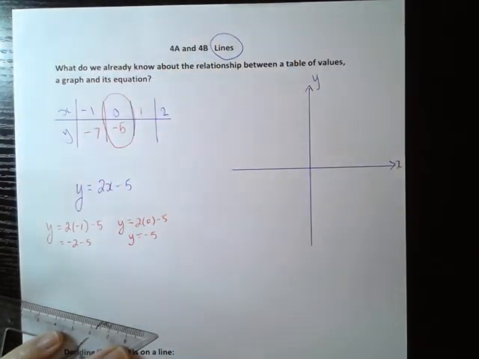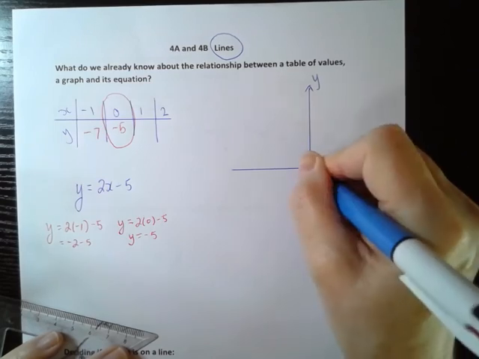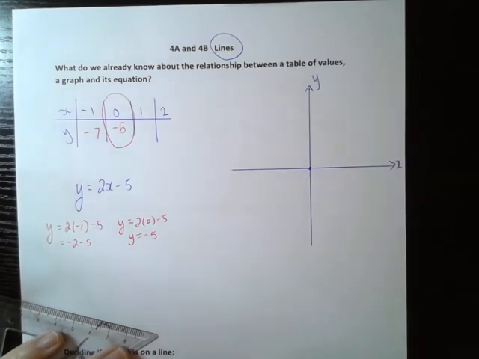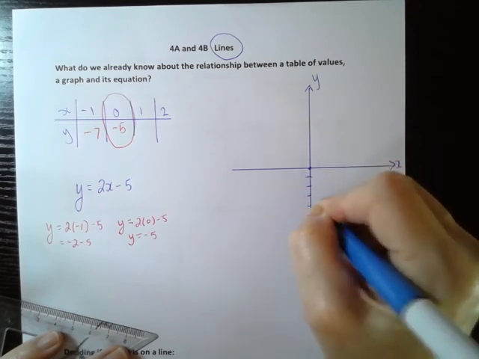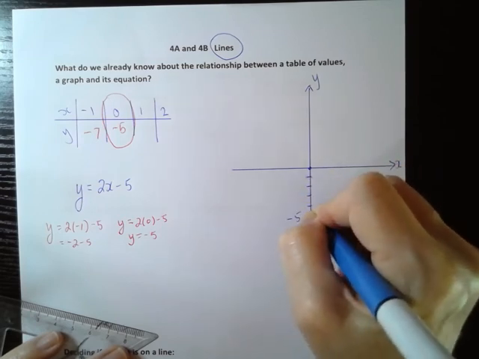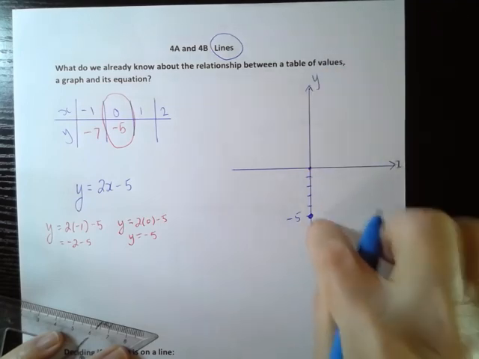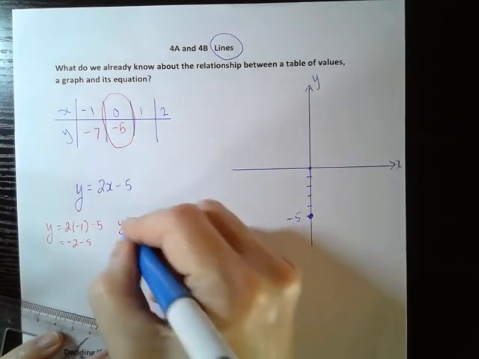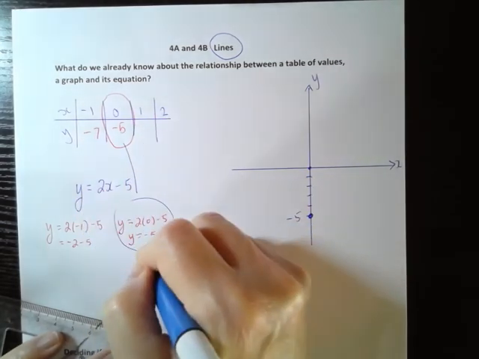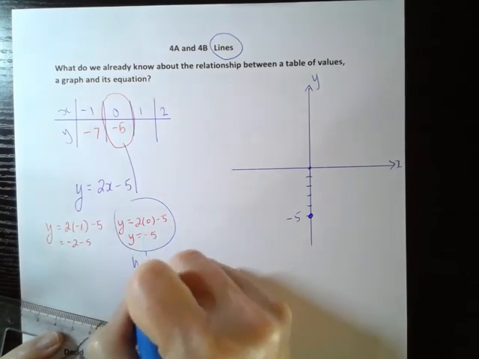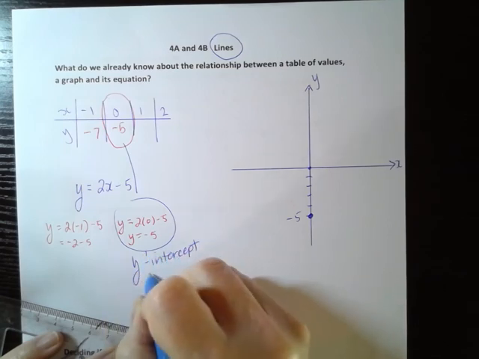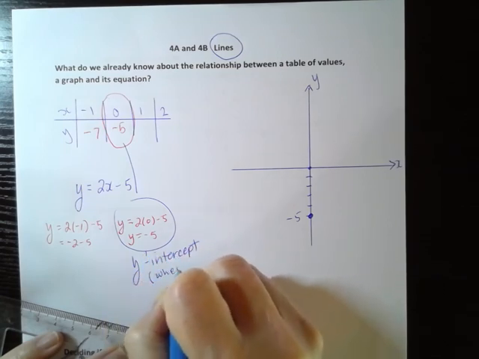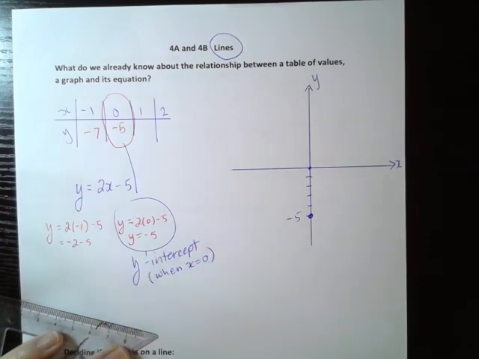When I have x equal to 0, remember this is 0, 0, the origin, so when x is 0 and I plot negative 5, I'm sitting on the y-axis. The point is on the y-axis. So this is a special point here, and it's called the y-intercept. It's when x equals 0. So we're going to use that a bunch today.